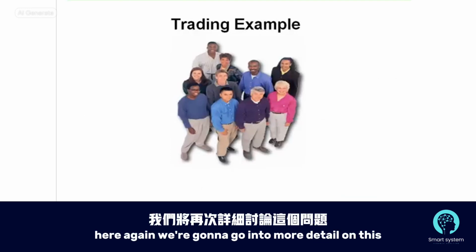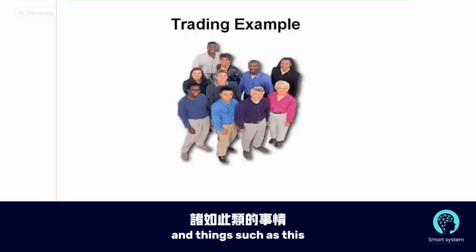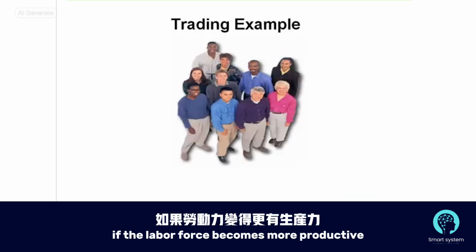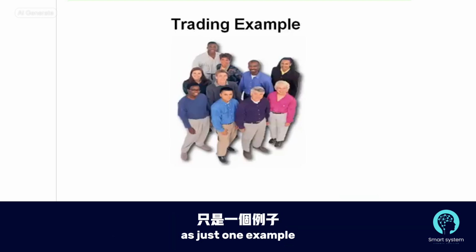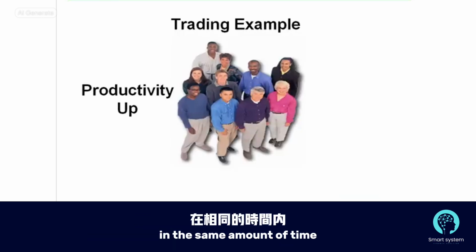Here again, we're going to go into more detail on this when we look at important economic numbers. But a short example is, if the labor force becomes more productive, this means that they're able to produce more goods in the same amount of time.